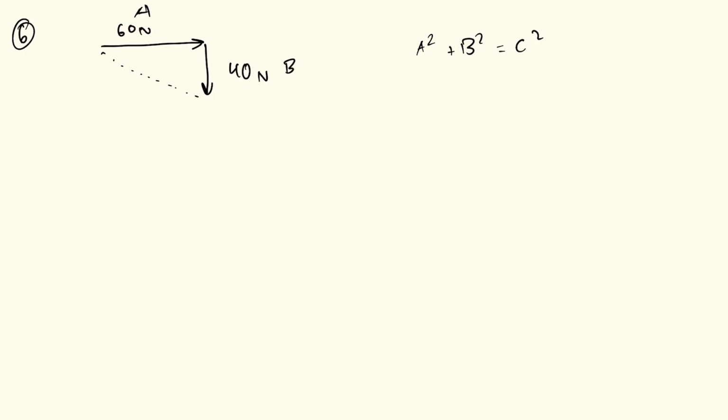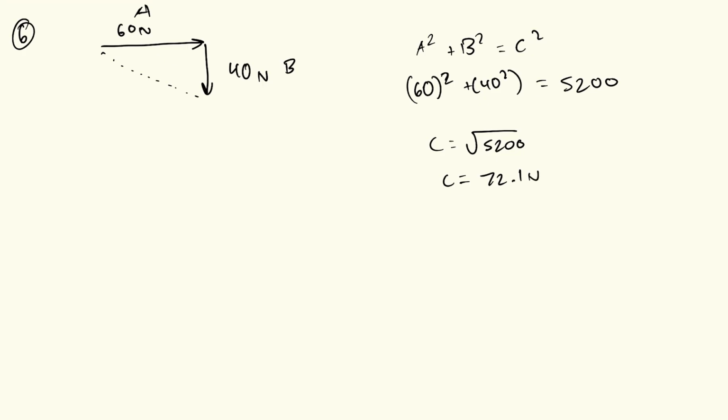Let's make 40 b. 60 squared plus 40 squared is equal to 5200. c is equal to the square root of 5200. c is equal to 72.1 newtons.